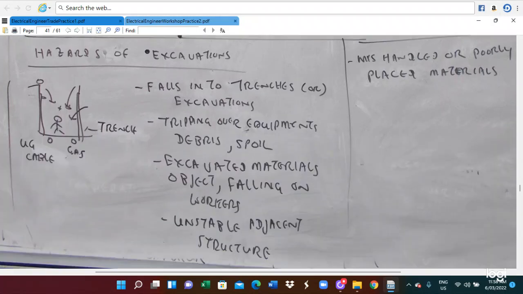In this case, sometimes workers are working underground, so there are excavation systems. Debris can fall down onto the worker's head. They can fall into the trench or the excavation, or trip over equipment, debris, spoil and excavated materials, with objects falling on the worker and unstable adjacent structures.